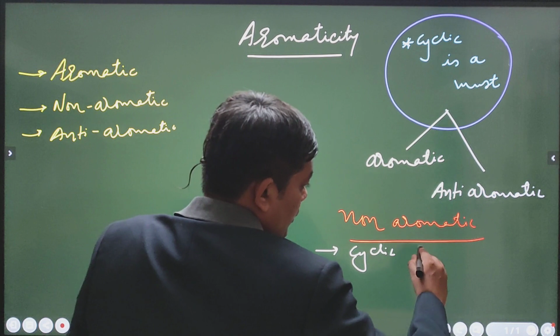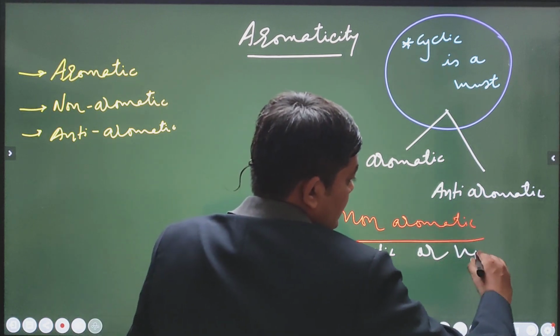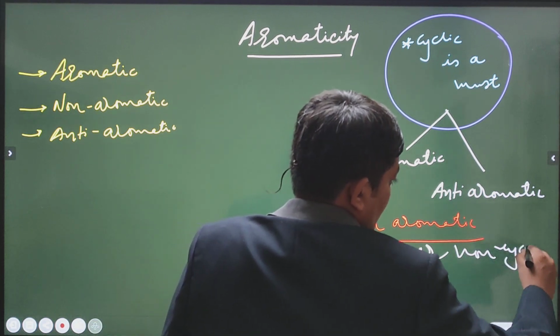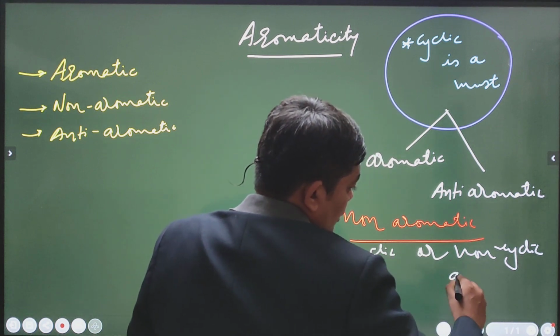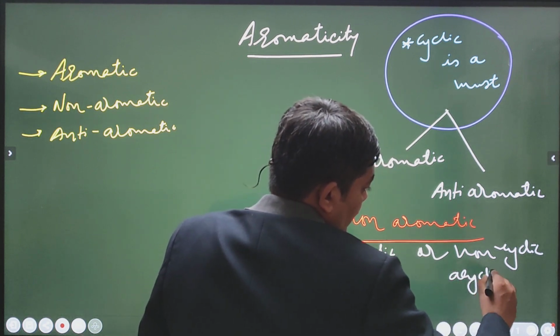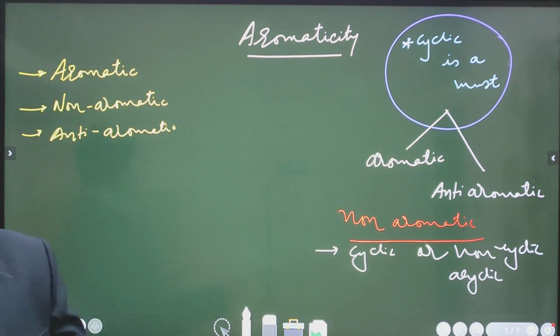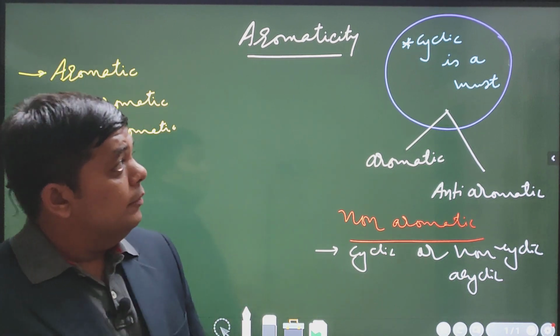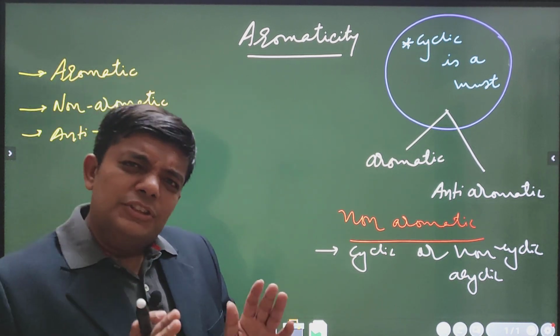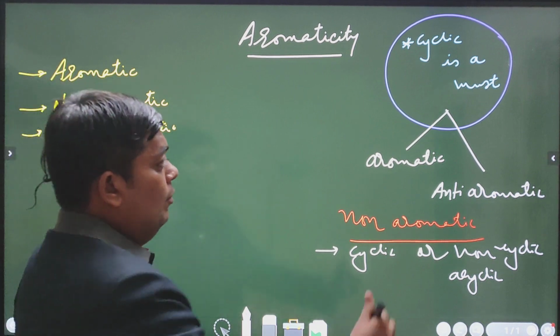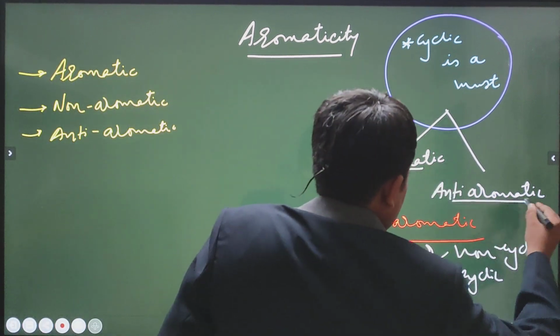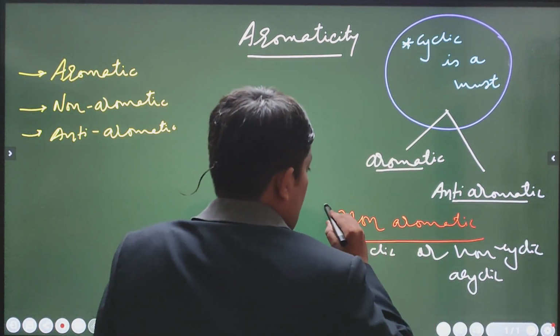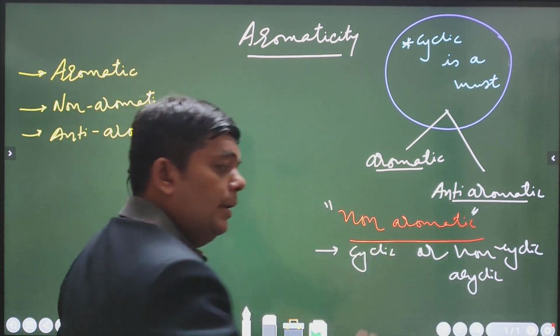Even a non-cyclic structure, generally we use the word acyclic, can also be non-aromatic. So this is the first and the foremost thing that we should remember, that if at all we are using the word cyclic, generally it can have all three possibilities: aromatic, anti-aromatic and non-aromatic.